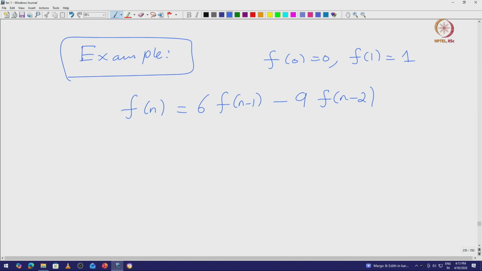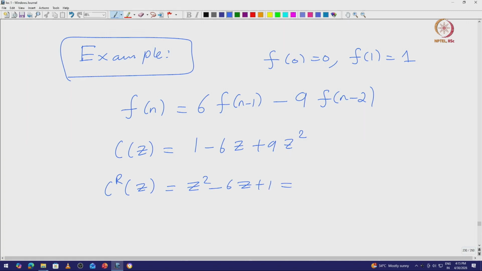Then the characteristic polynomial is 1 minus 6 z plus 9 z square, and the reflected polynomial is z square minus 6 z plus 9, which is z minus 3 whole square. That would imply immediately that the characteristic polynomial is exactly 1 minus 3 z whole square. So, what will be f of z?